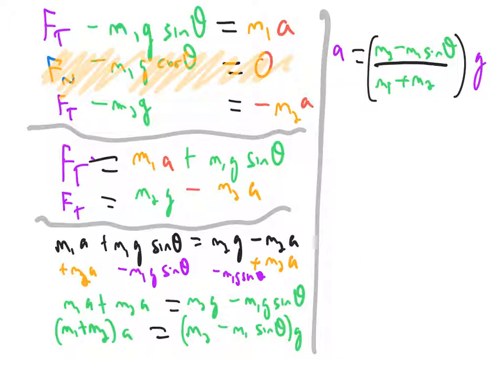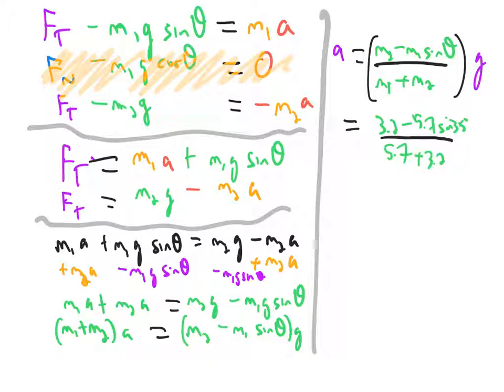For our particular problem, then we get the following values. We have that the hanging block is 3.2 kilograms. So we have 3.2 kilograms minus 5.7 kilograms times sine of the angle, which was 35 degrees. And on the bottom we have 5.7 kilograms plus 3.2 kilograms.